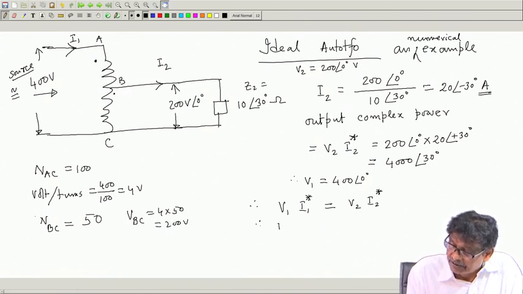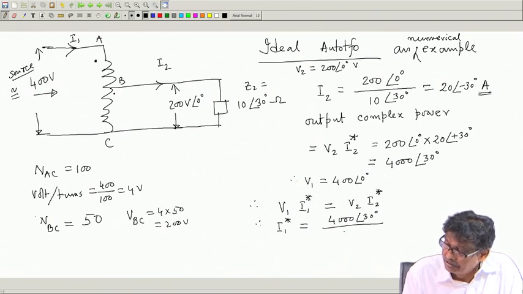Therefore, I1 star will be equal to V2 I2 star divided by V1. V2 I2 star is this. So, I put those 4000 30 degree divided by V1, which is 400 0 degree, and this becomes how much? 10 ampere, 10 30 degree.